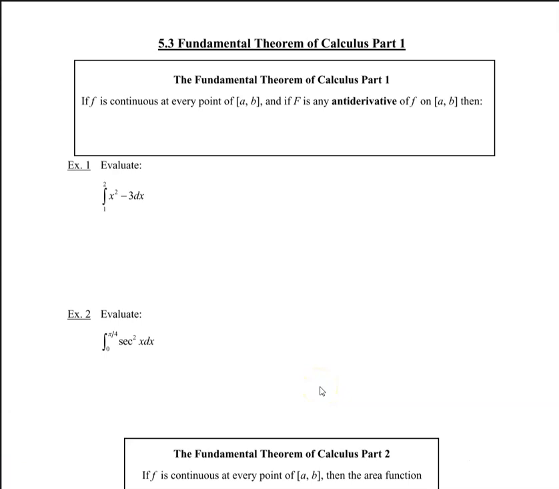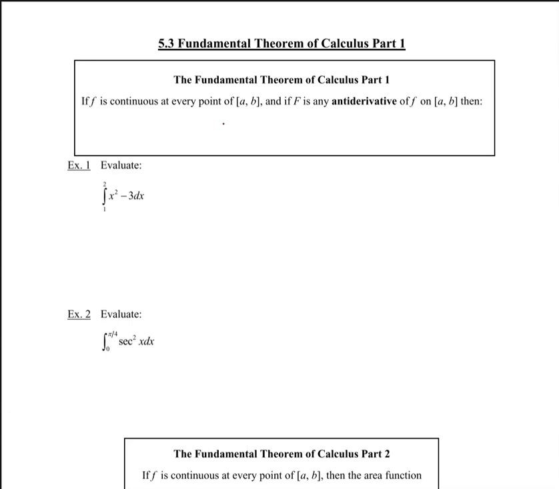So it's kind of broken into two parts here, and every book does it a little bit differently, but this is how our book does it, where it's like a part one and a part two. Part one says if f is continuous at every point in the interval from a to b, and capital F is the antiderivative of f. So we're talking about the antiderivatives, those antiderivative rules we learned back at the end of chapter 4.